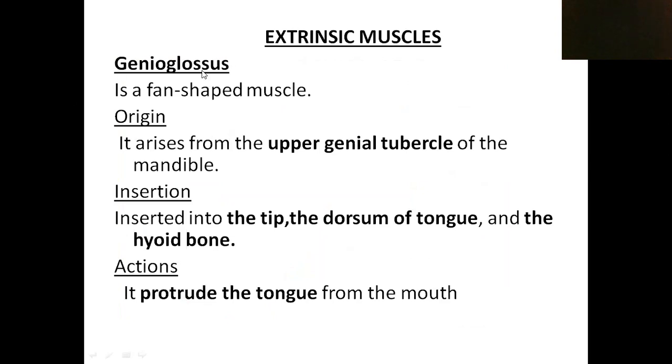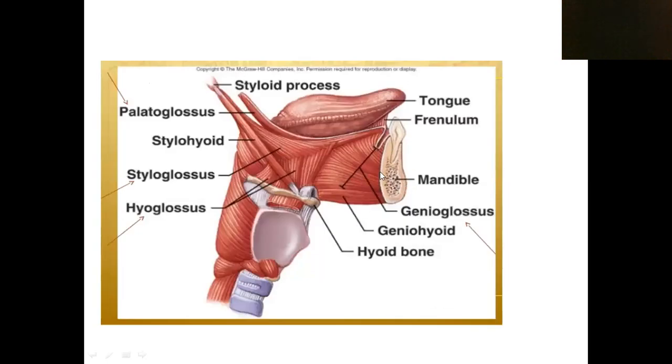Genioglossus is a fan-shaped muscle extending from the superior genial tubercle to the tongue. This is the mandible, and inside the mandible we can see one projection, the genial tubercle. It is not there in this image. From that genial tubercle to the tongue, all these fibers are the fibers of genioglossus.